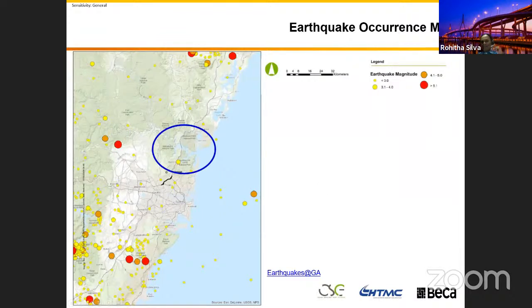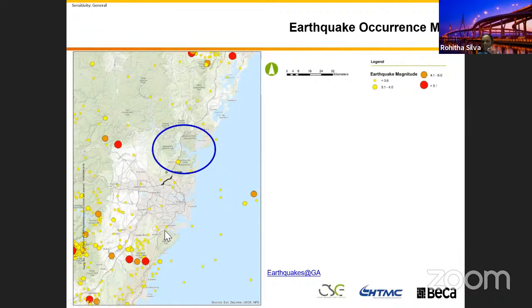Even a small earthquake anywhere around the world is recorded at the US Geological Survey Center, if I'm correct. I just put this map here to show you. You can see how many dots there are around here: yellow dots, red dots, and close to brown dots.